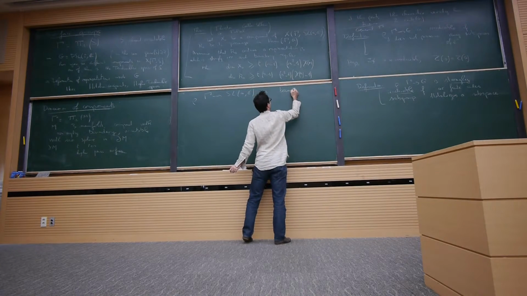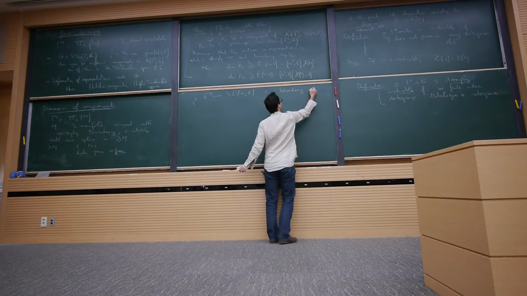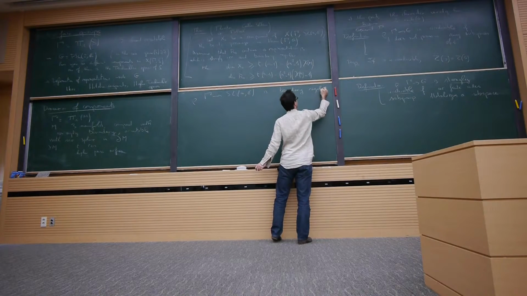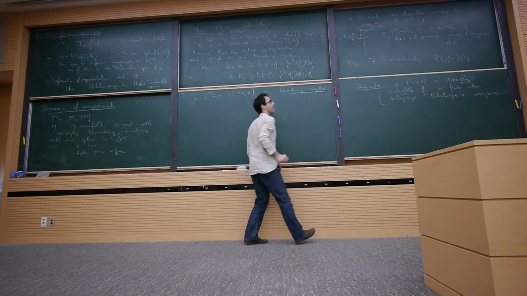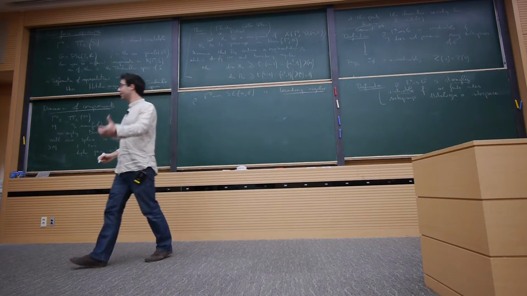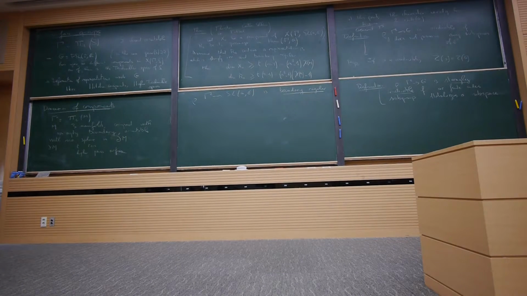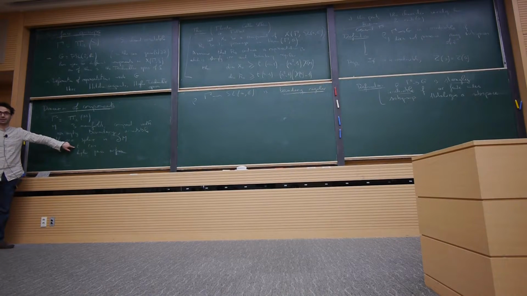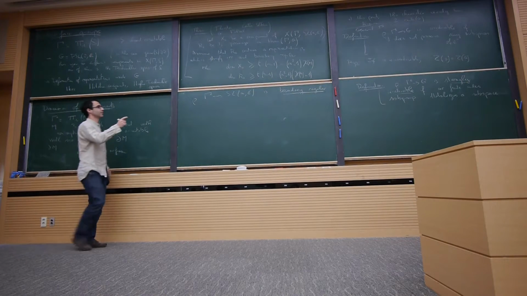And now I have to define boundary regular. Well, I define regular for a representation of Z2. Now gamma is the fundamental group of the 3-manifold, but I have a collection of natural Z2 inside of gamma, the fundamental groups of the tori.